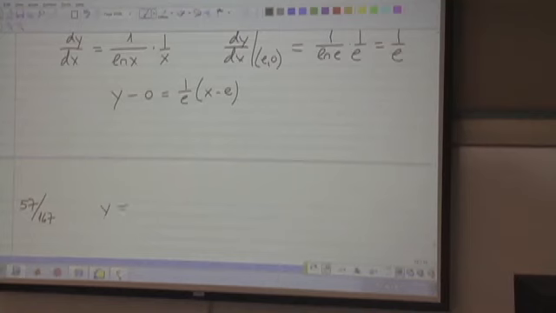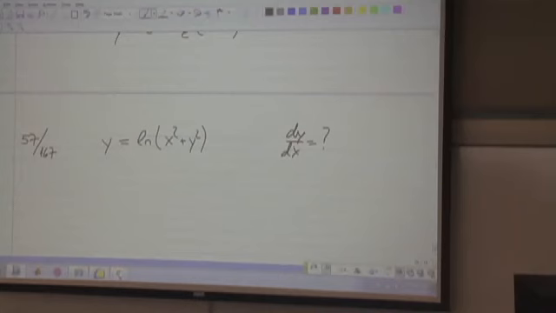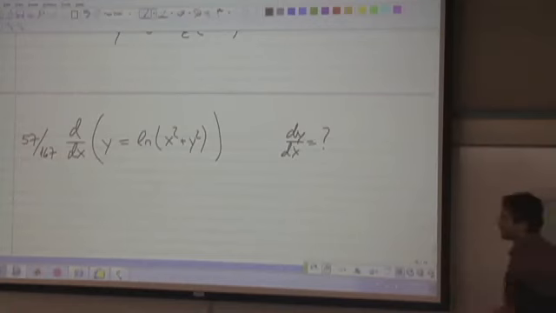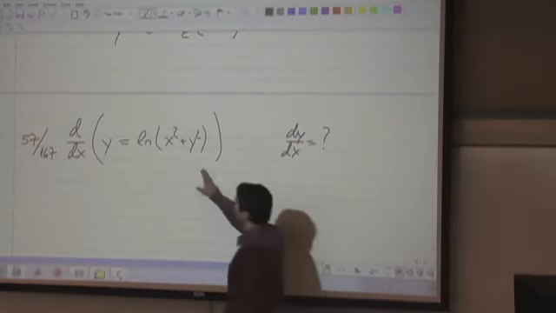y equals the natural logarithm of the quantity x squared plus y squared. We're asked to find dy over dx. So we take derivatives both sides. By the way, when you look at this, do you notice that it's implicit differentiation? Because the right hand side has y in it.